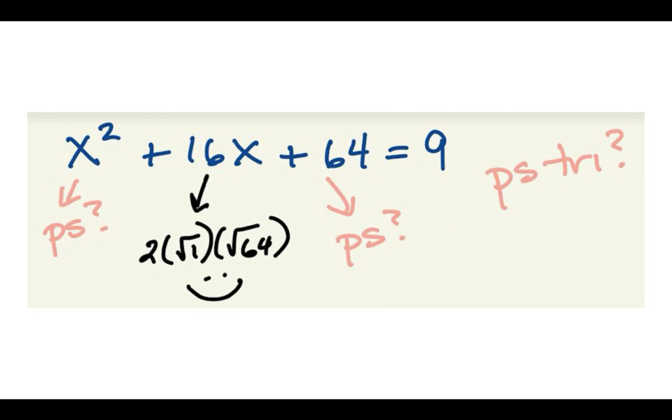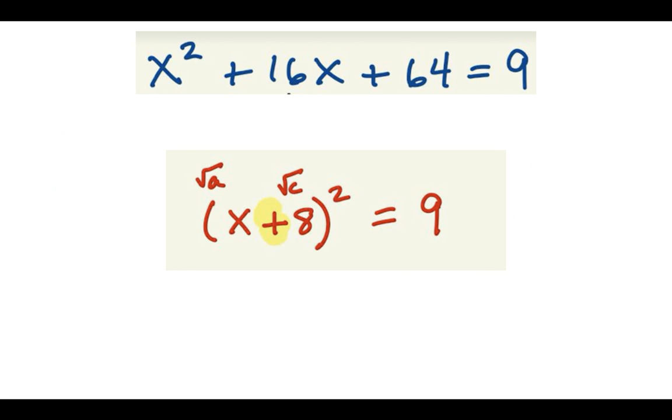Our next problem, again, I have to ask myself, is this a perfect square trinomial? Is A a perfect square? Is C a perfect square? And then I test B. Is 2 times the square root of A times the square root of C equal to 16? And it is.